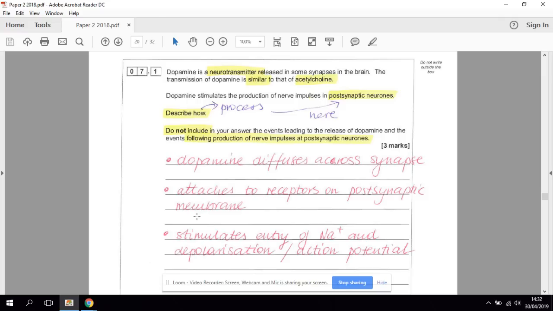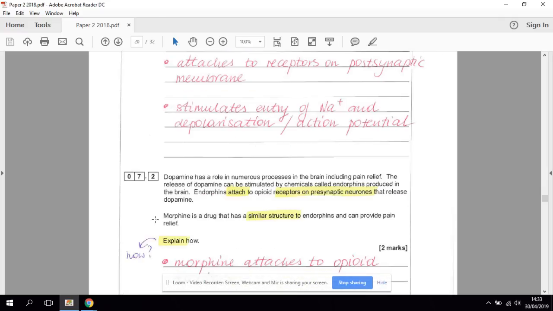Okay, just say what happens after. So what happens after? Of course, dopamine will diffuse across the synapse, attach to the receptors on the postsynaptic membrane, and here make sure you say membrane, and stimulates entry of sodium ions and leads to depolarization or action potential. Only those will be fine. So that's a nice friendly question here.